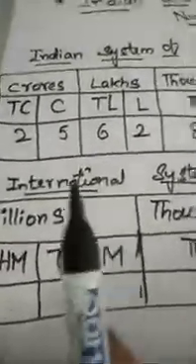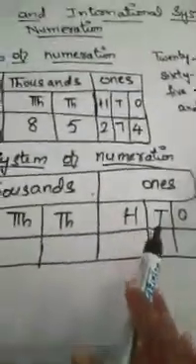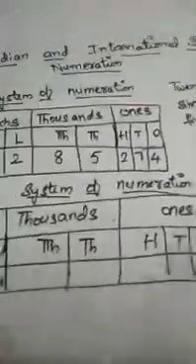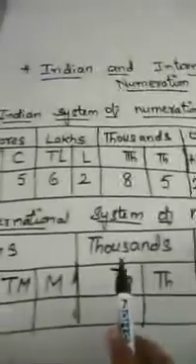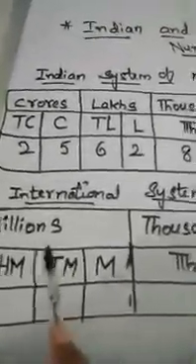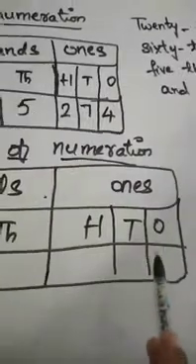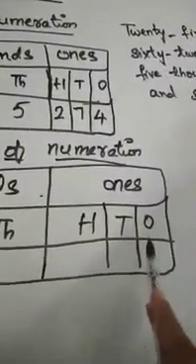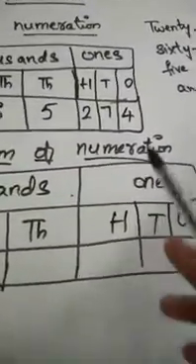Now the international system of numeration. Here we have 3 periods: ones, thousands and millions. In ones we have ones, tens, hundred, like in our Indian system.